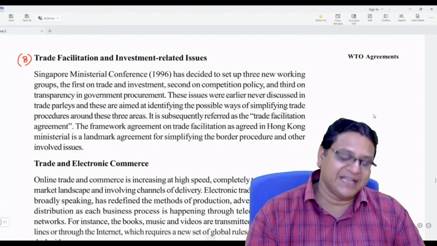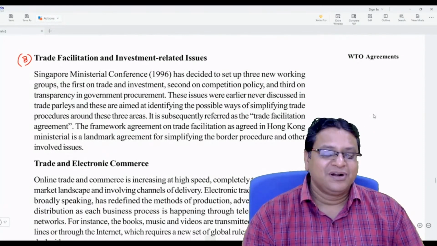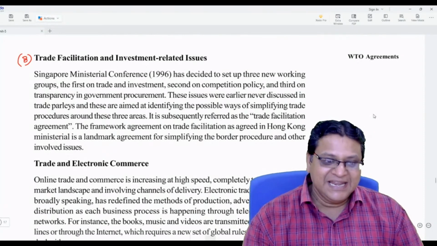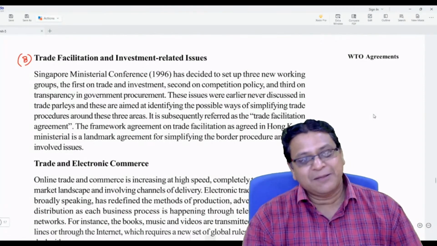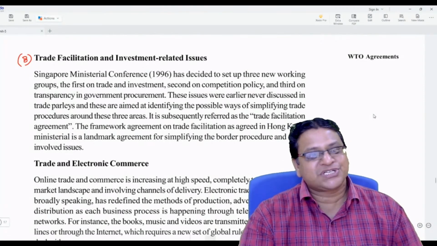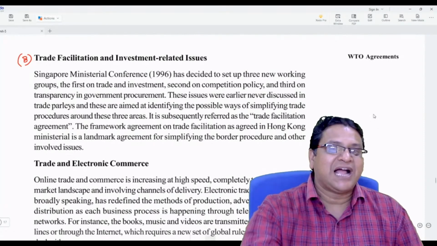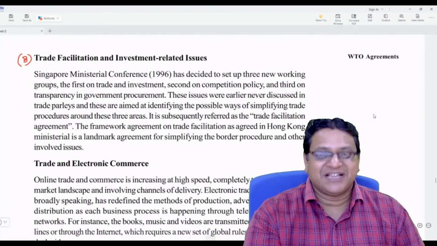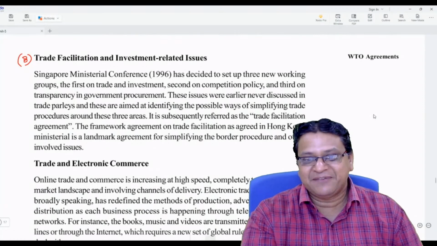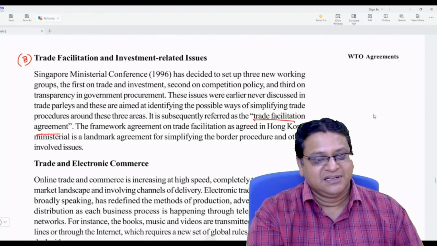Generally, international trade is delayed in developing countries. So developed countries are forcing developing countries to sign this particular Trade Facilitation Agreement, the TFA.